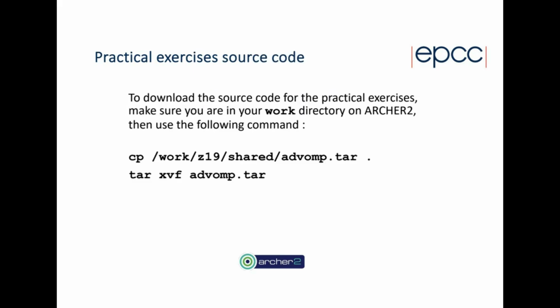The source code for the exercises is in the Git repository, but there's also a copy already in a shared directory on ARCHER2, so if you log on to ARCHER2, you can just take a copy of the tar file that contains the source code for the exercises and unpack it.